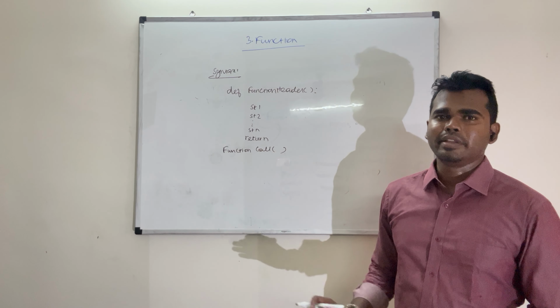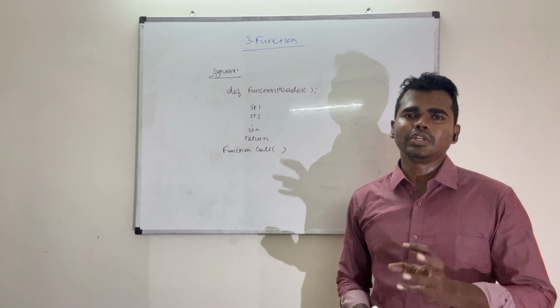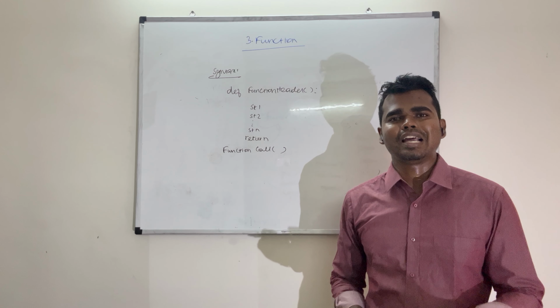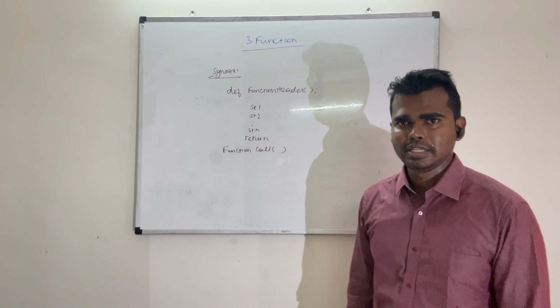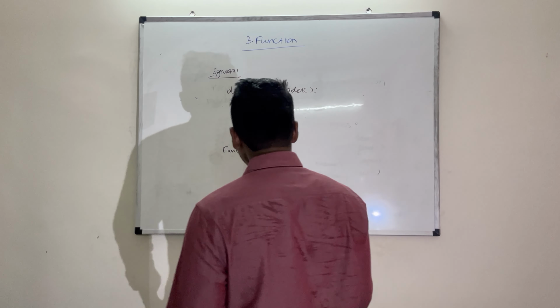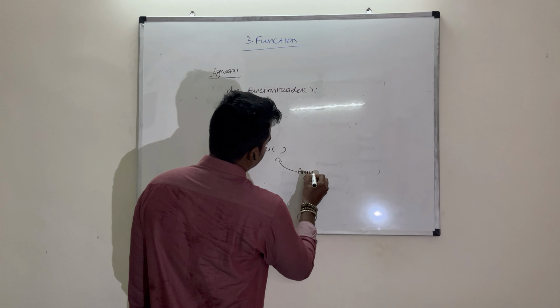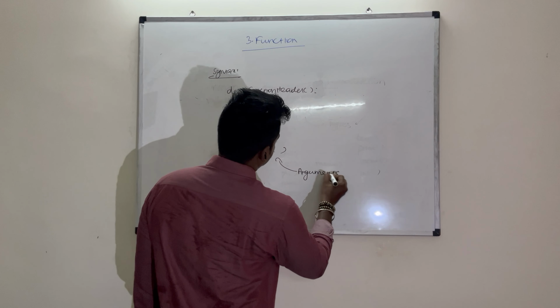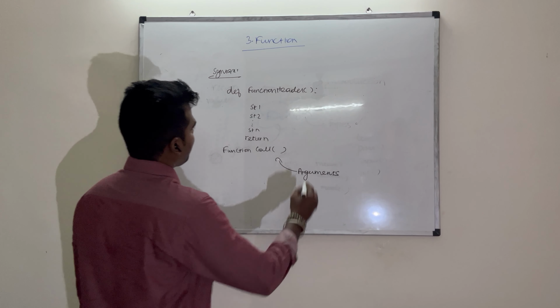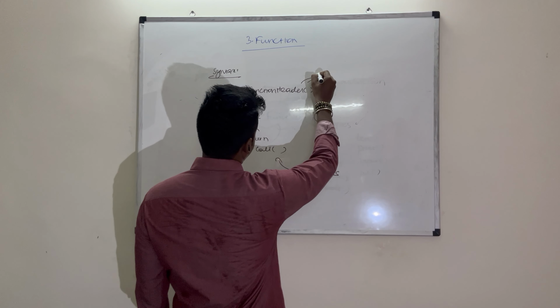Before learning this, first you have to know what arguments are and what parameters are. Arguments should be specified in the function call. Please note it down. Parameters should be specified in the function header.